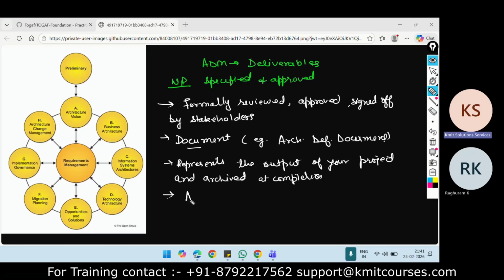We keep them in the architecture repository, whether it is standard SharePoint, GitHub, or whatever architecture repository you are using. So during the transition time, you can keep your reference model, maybe your standards, in the architecture repository.